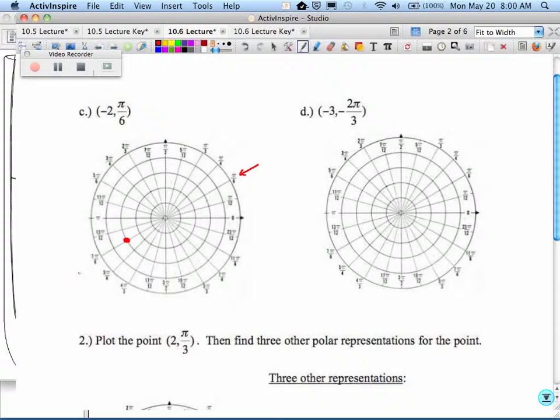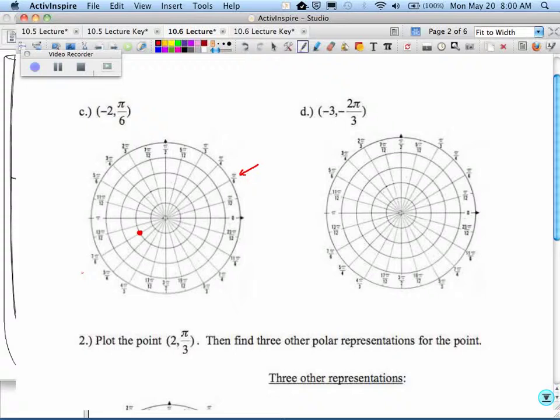So you find the angle. If the r is positive, stay on that side of the circle. If it's negative, go to the other side. Just follow the line across and go to the other side.